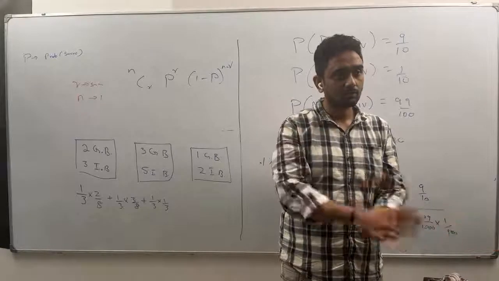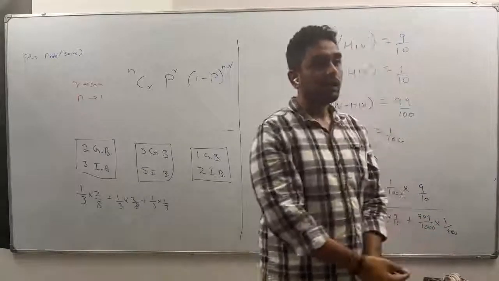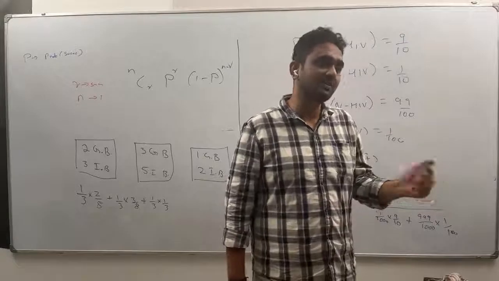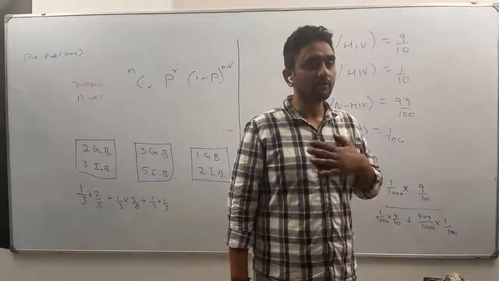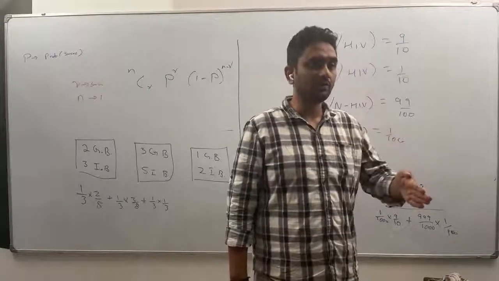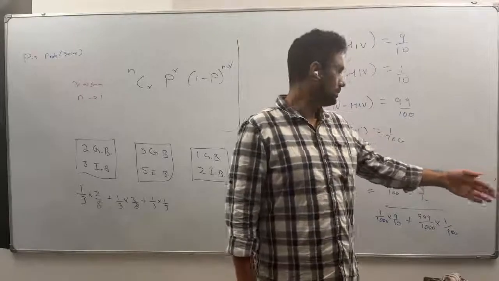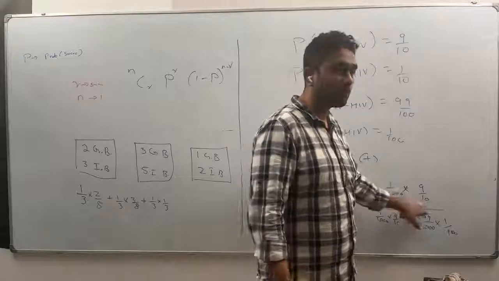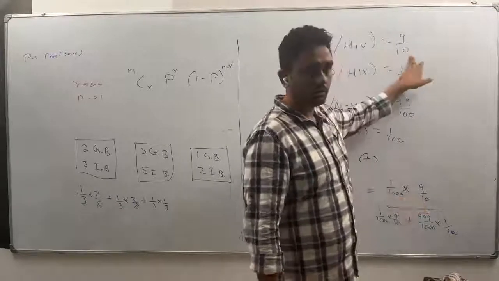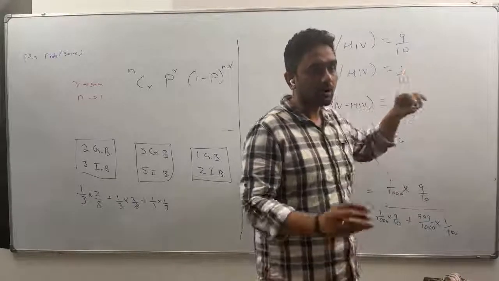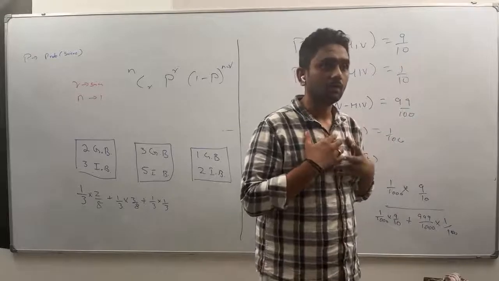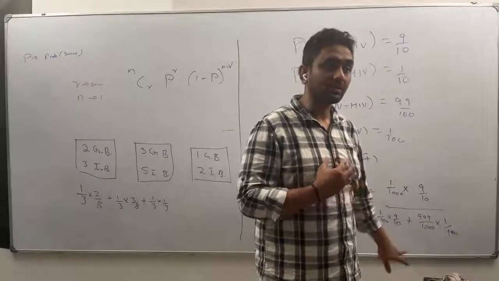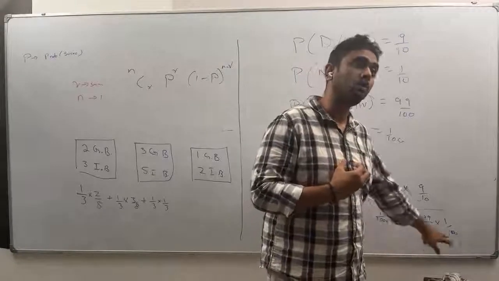So what I want to find out is that he got tested positive and he should also have HIV. So my favorable case is that he has HIV and got tested positive. So having HIV means 1/1000 and also tested positive 9/10. Because I detected the right person, I should not detect the wrong person, right? Total probability: I detected the right person and I detected the wrong person.